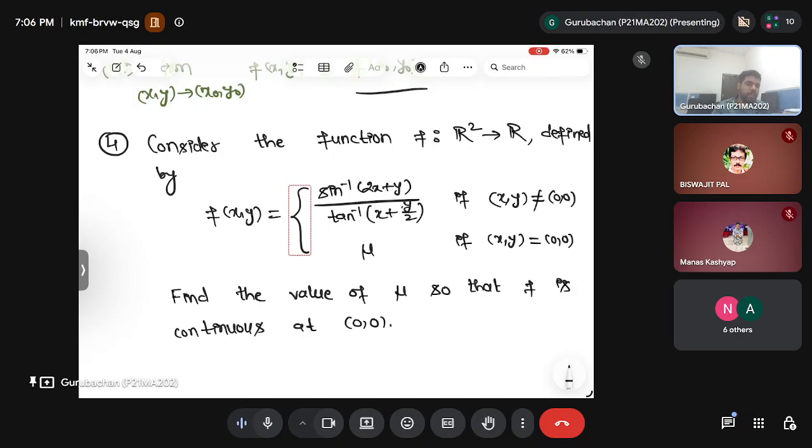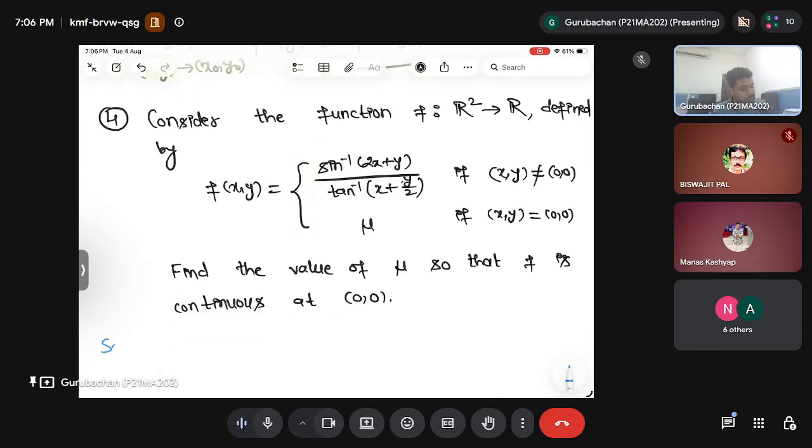So ultimately you need to calculate, you know that the functional value of f at (0,0) is nothing but mu. So you just need to calculate again. Yes, correct answer. So you know that f(0,0) is some value mu. So obviously it exists, first condition.